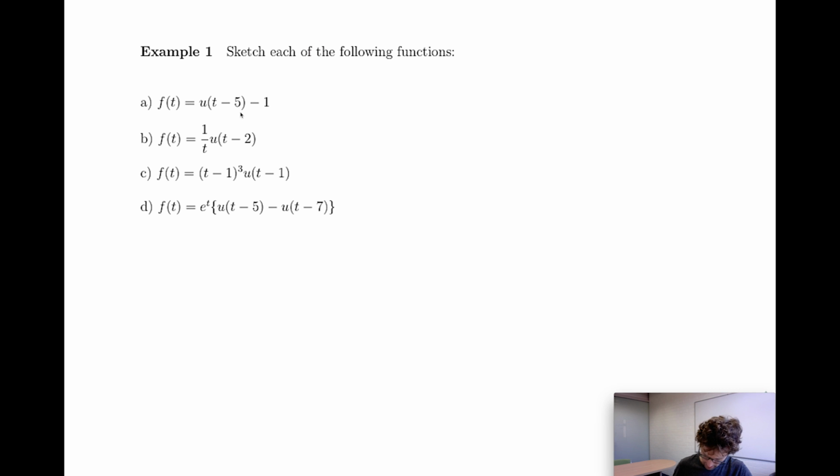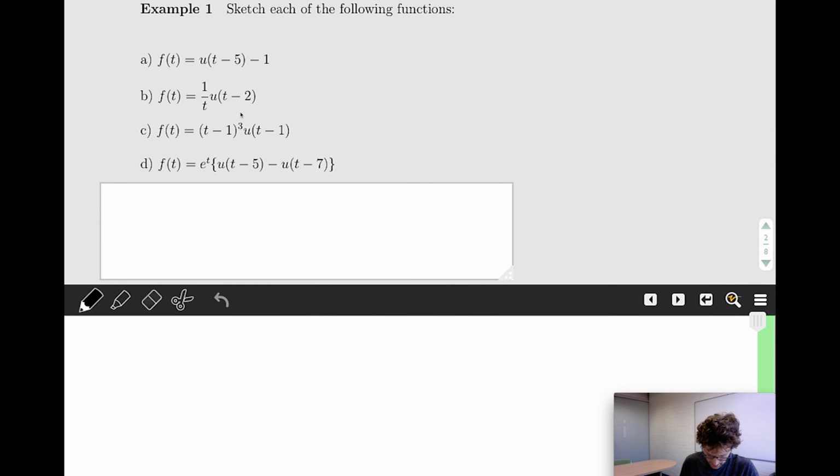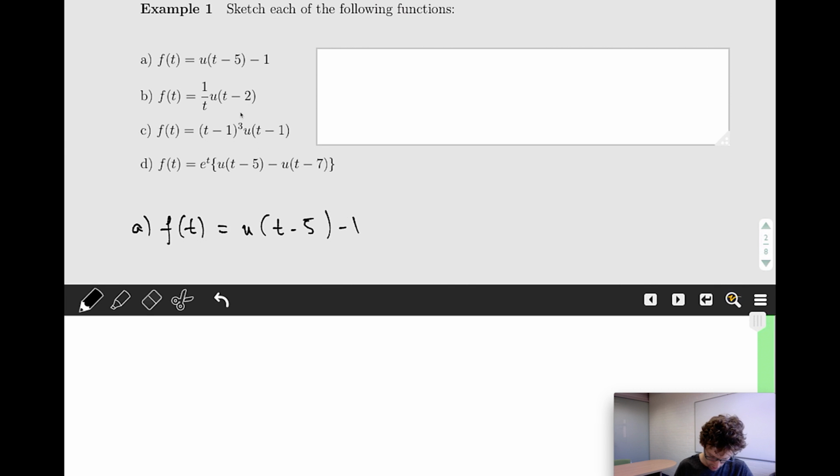So let's start with part A. We're asked to sketch the function f of t is equal to u of t minus 5 minus 1, where u of t minus 5 is our Heaviside function. Let's just remind ourselves what the definition of the Heaviside function is.